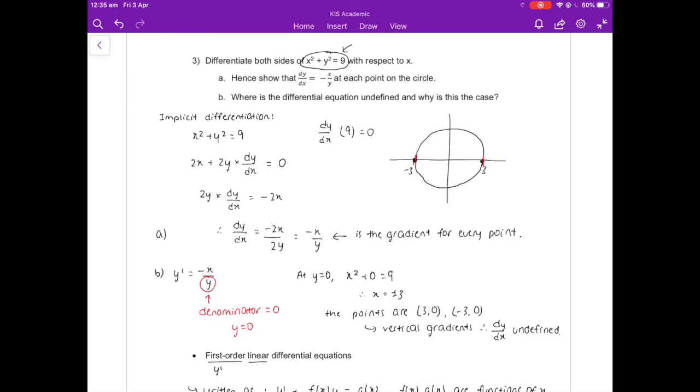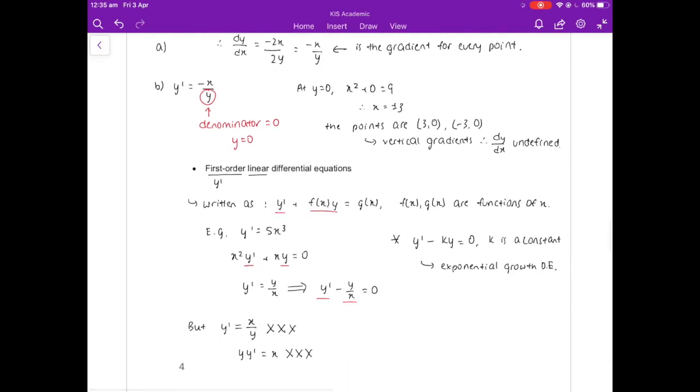So here, this is a solution of the differential equation dy/dx equals minus x over y. But in this case, it is a relation, not a function. And we also looked at first order linear equations.